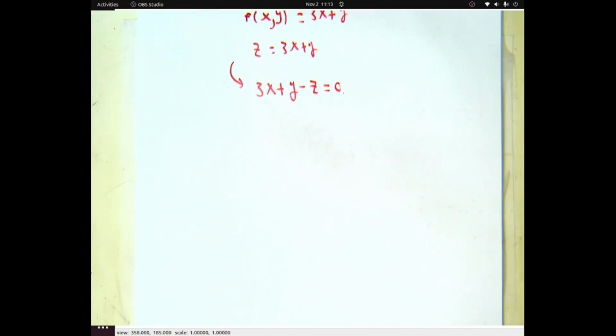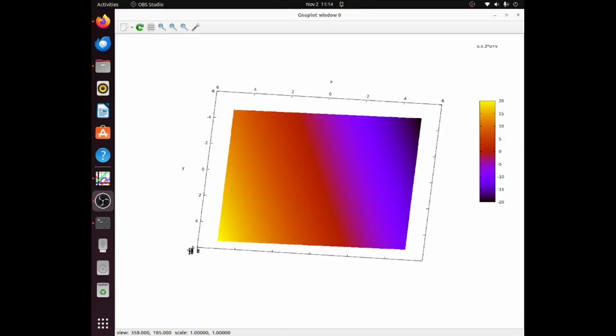I'm going to draw my pictures today using some software. I've set things up so that the color on the graph will indicate the z coordinate, as we'll see in a moment. At first glance, this just looks like a rectangle in the xy plane with different colors on it, but this is entirely due to the perspective here.